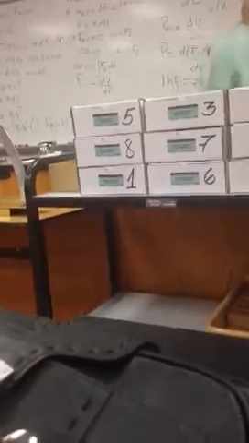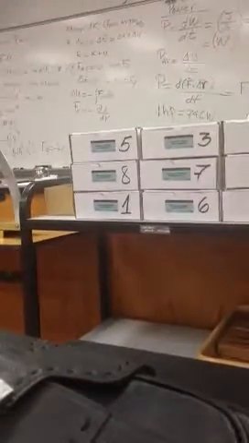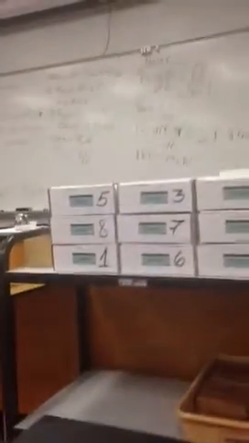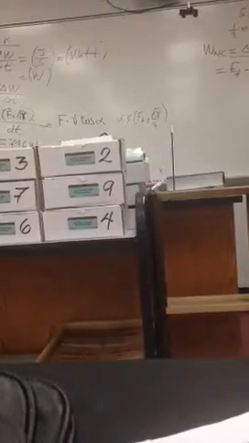Is the velocity given? Yes. Is alpha given, or can we imply it? How much is the angle between the object moving and the frictional force? 180. The frictional force is this way and the object is moving this way. Good. So we have alpha, we have the speed.